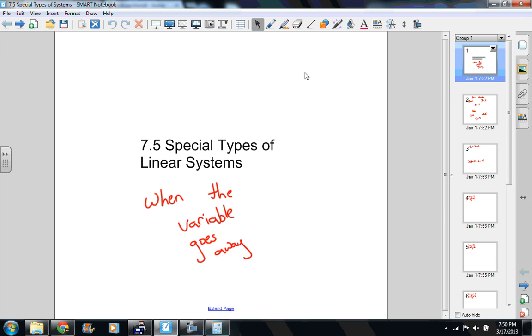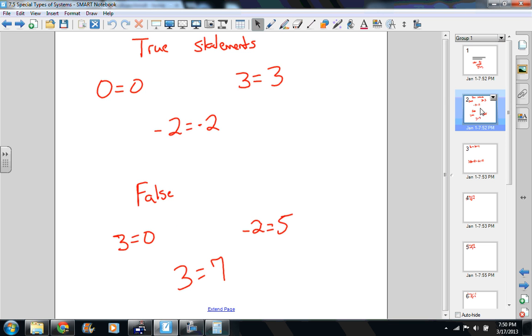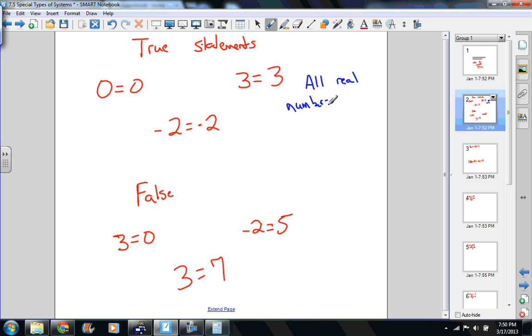In math, true statements are something like 0 equals 0, -2 equals -2, or 3 equals 3. If we get to a problem and there is a true statement, 3 equals 3, at any point, that means all real numbers, which means any number, are solutions.